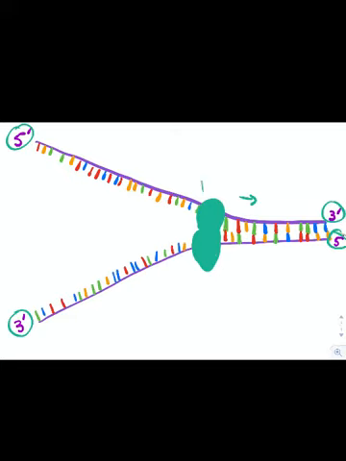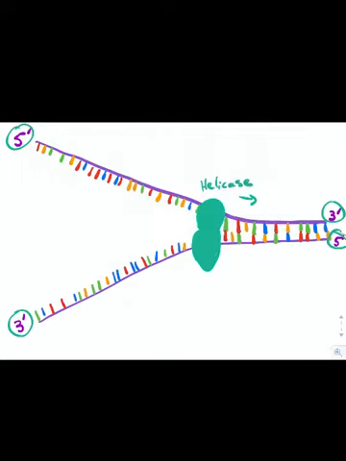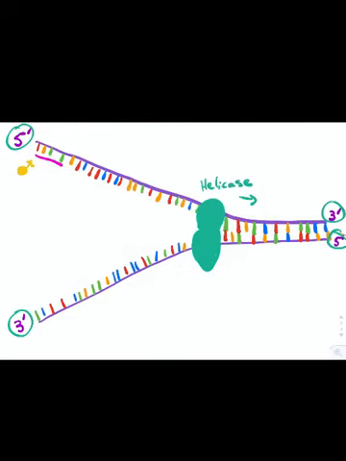So as our helicase moves down the molecule, we are going to be ready for our next enzyme to come in, which we said was RNA primase. Our RNA primase is going to come in here, and it's going to lay down a short section of RNA. I'm just going to make them all the same base here in this nice pink because it's visible, that's all.